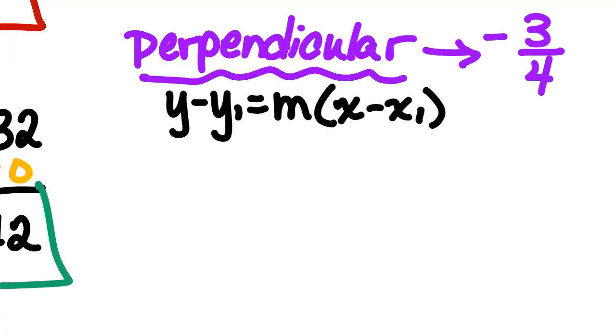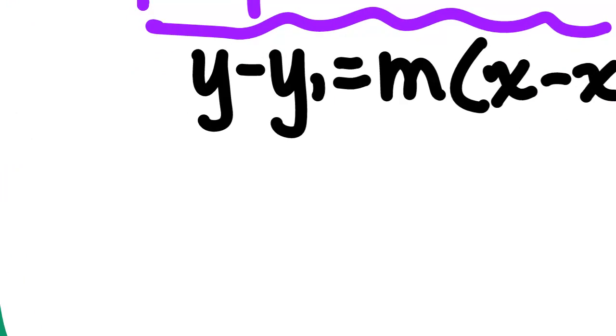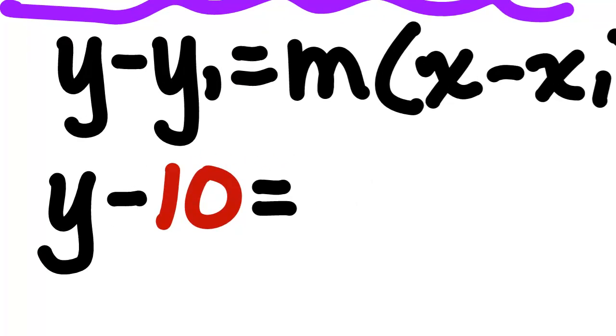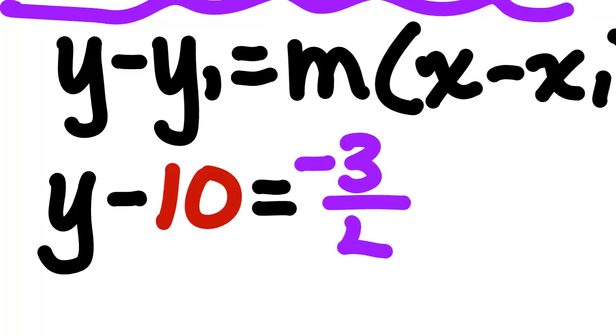For my perpendicular line, I follow almost the exact same pattern. It's going to be y minus, my y1 didn't change, so it's still y minus 10 equals, here's where the difference happens. What do I put in for m now? Negative 3/4.